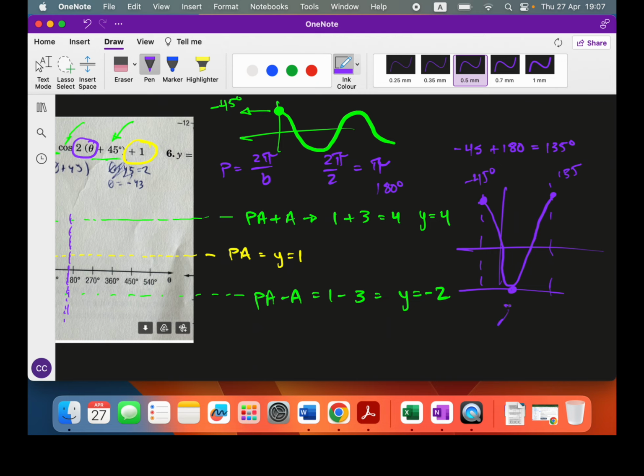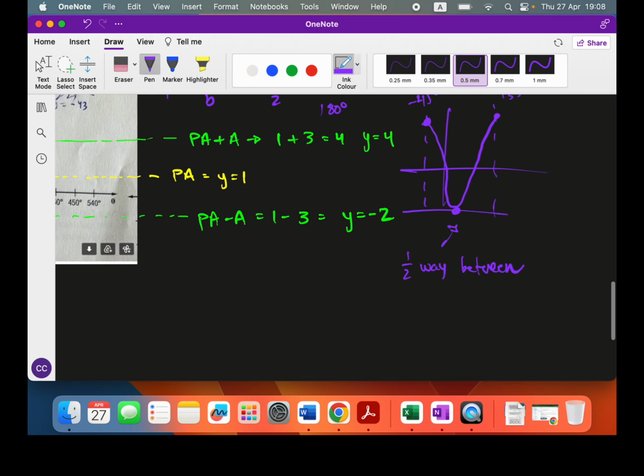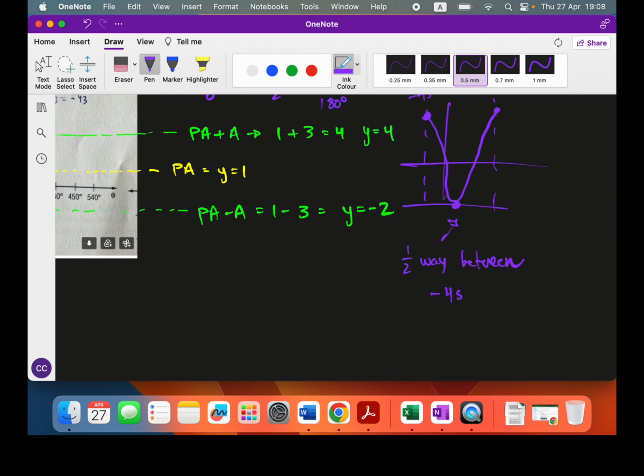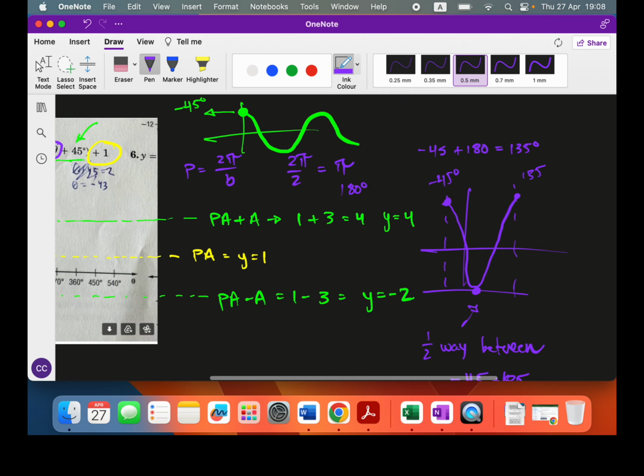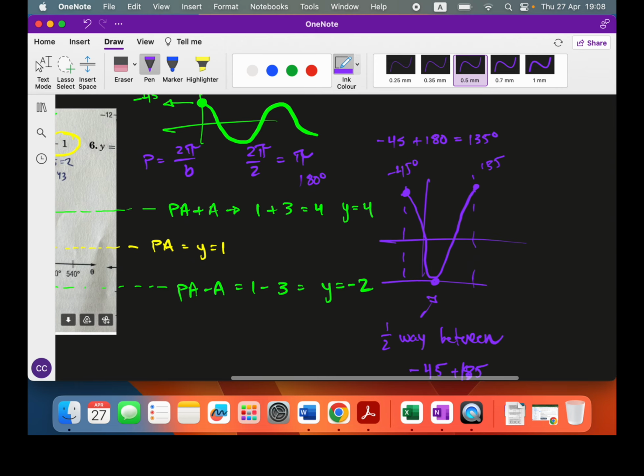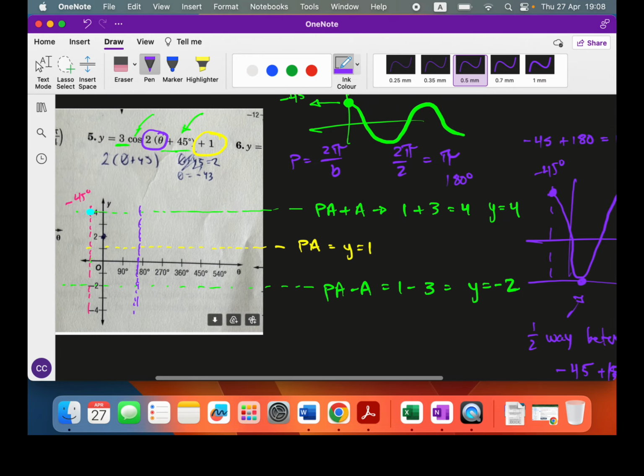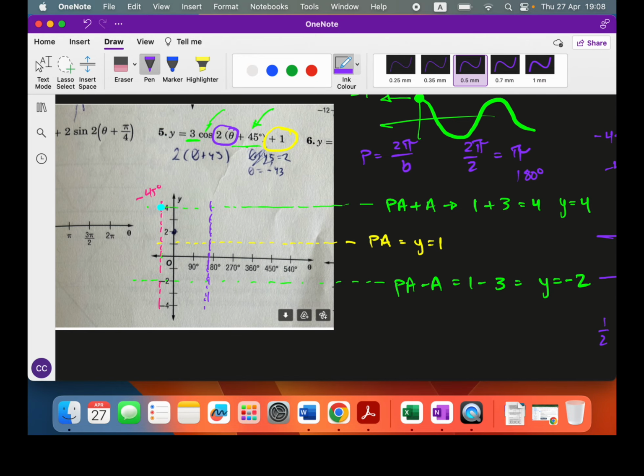And this minimum is going to be halfway between the maximums, between negative 45 and 135. So if I add those and I divide by 2, I'll have my minimum. So just real quick, adding that would give me 90, so we'll be at 45 degrees.